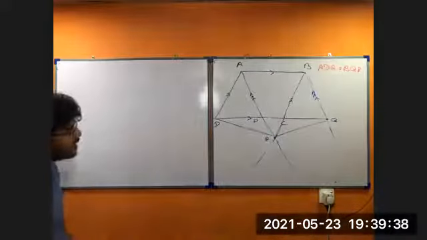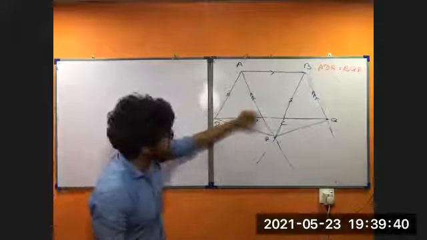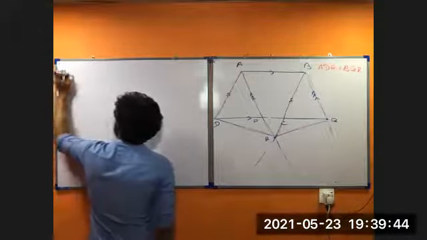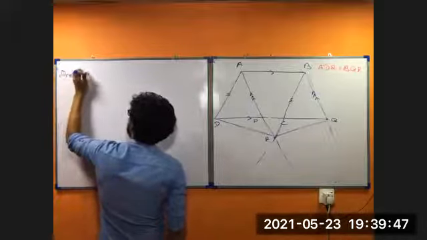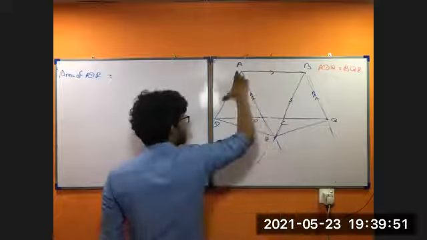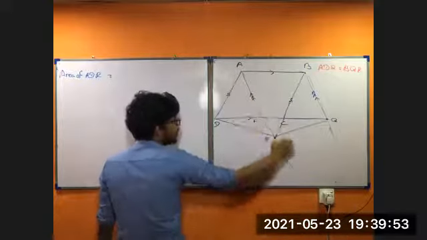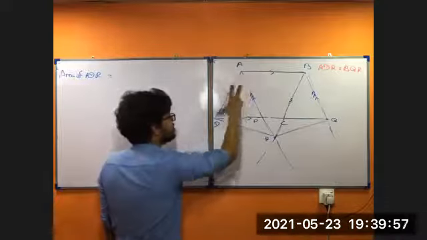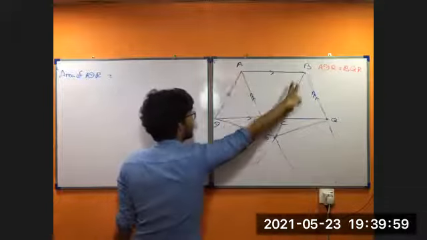Okay, so let's first take about ADR. So area of ADR triangle. Area of ADR triangle means this. What can I do? The only thing I can do is like there's the same base and same parallelogram going.